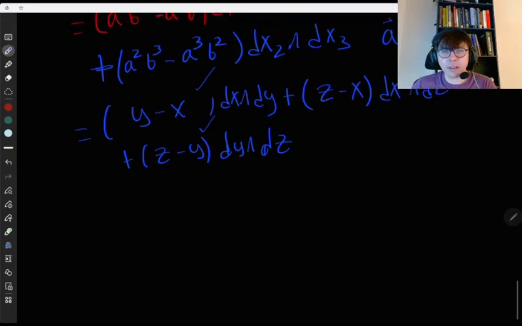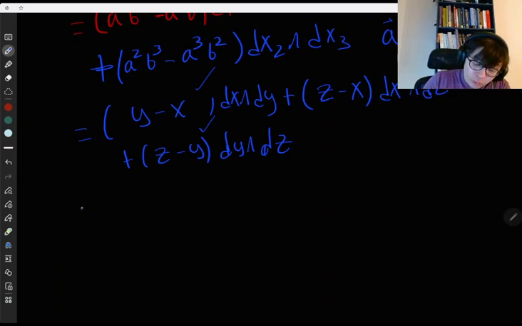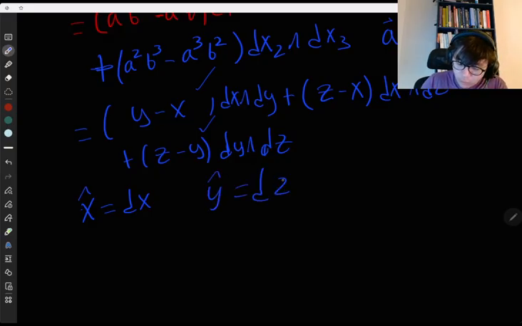So let's go ahead and do this. The last thing we have to do is this: earlier I told you, and you may have believed me, that I can rewrite x hat as this differential form, y hat as this differential form. I said, hey, that's what we can do.